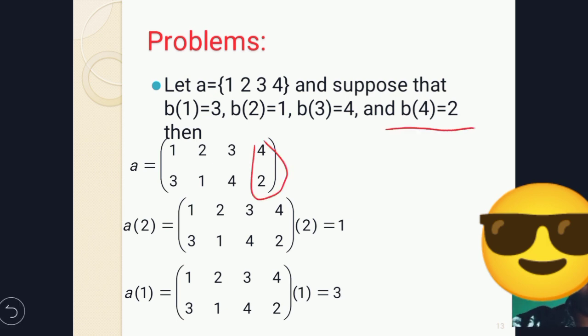It's simple, and here we have to find A of 2. A of 2 is equal to 1, and A of 1 is equal to 3.